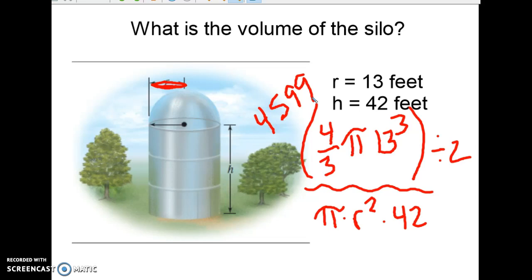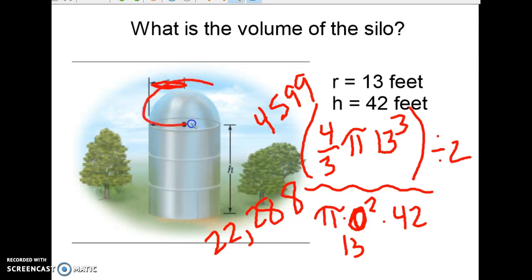Now let's go ahead and find the volume of the cylinder. My radius here is going to be 13 again, so we're going to put 13 in there. So we're going to do 3.14 times 13 squared times my height of the cylinder, which is 42, and I get an answer of 22,287, and we'll round that to the nearest whole number, which is going to round up to 22,288.